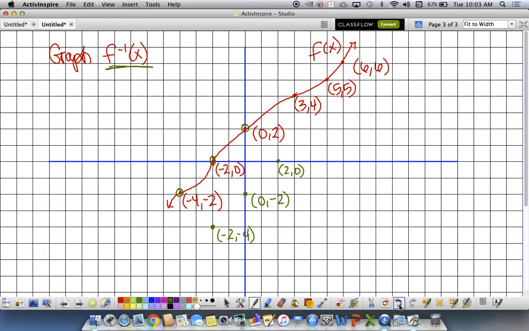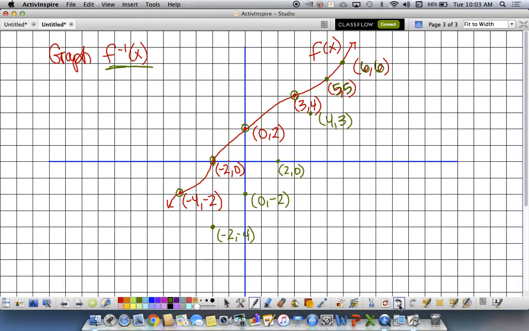Next, (3, 4) will become (4, 3). Those are getting a little too close together. Okay, (5, 5) becomes (5, 5), and (6, 6) becomes (6, 6). So they are on both graphs.